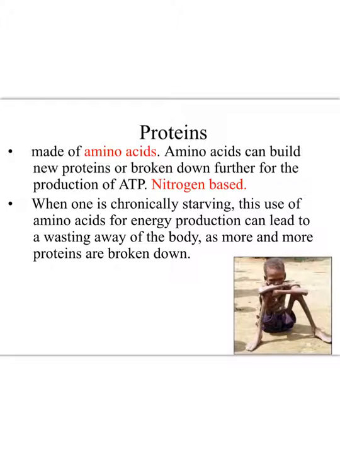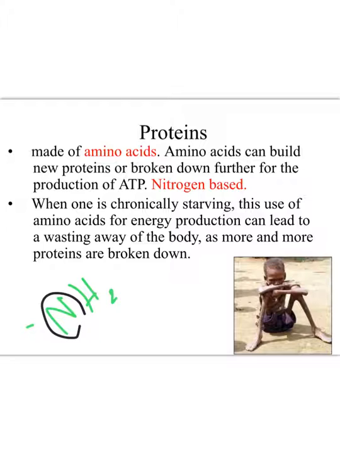The third of the four groups of organic molecules would be proteins, whose building blocks are amino acids. When you look at the amine group, which is an NH2 that's been added on to a molecule, that makes it recognizable as being a protein, and you'll see that there is nitrogen involved.